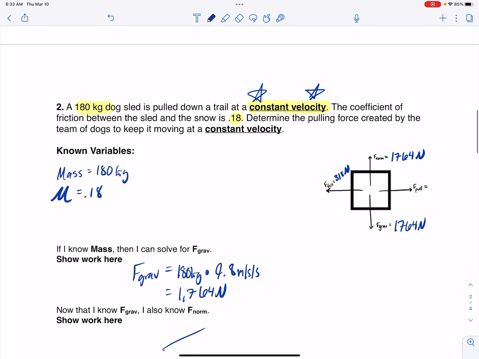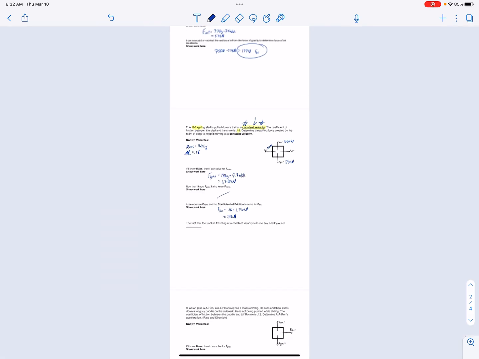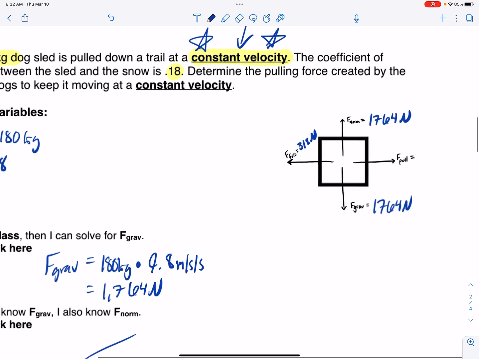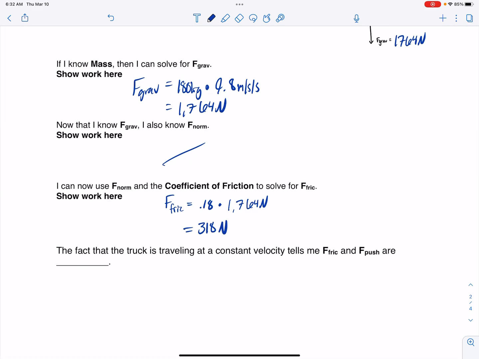And this is the interesting part, right? If we come back up here, remember we're traveling at a constant velocity. The fact that the sled is traveling at a constant velocity tells me the force of friction and the pushing force from the dogs, or really the pull from the dogs, must be equal. Newton's first law tells us objects are at rest or in a state of constant velocity unless acted upon by an unbalanced force.